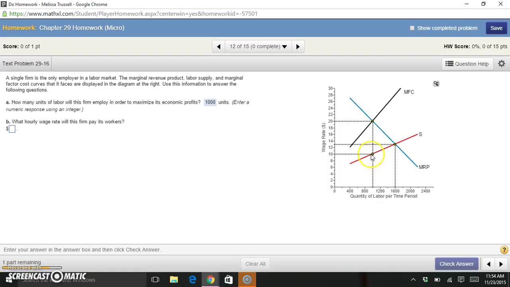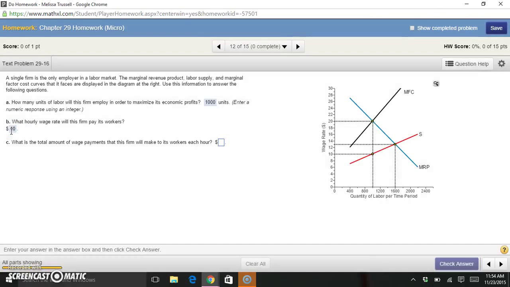I chose my quantity based on marginal revenue and marginal cost, but then I choose my wage based on the labor supply curve and how much people are willing to work for. So I know I can pay $10 and 1,000 people will choose to work for me. The hourly wage rate for this firm is $10.